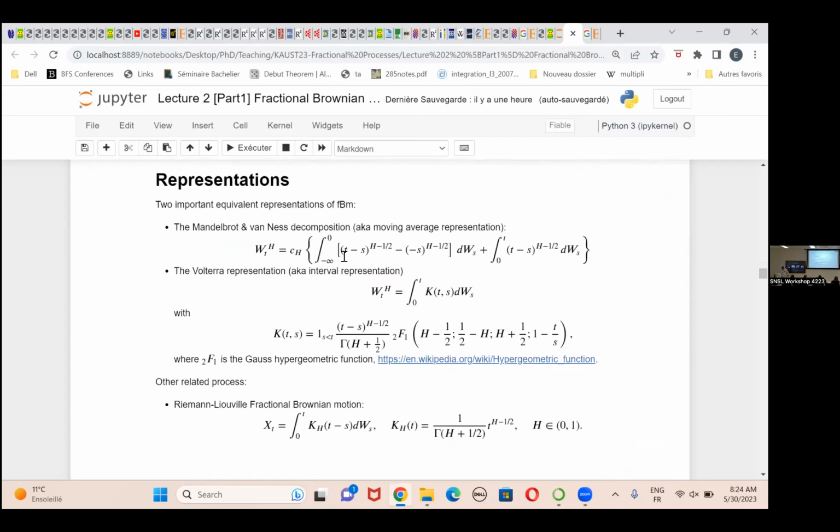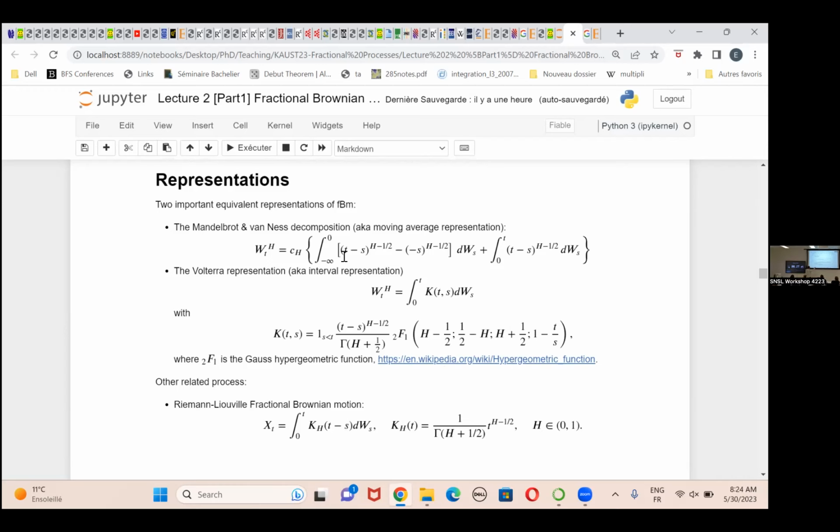I mentioned that fractional Brownian motion is related to the object that I already introduced, the Volterra object X with the kernel K. Why is this true? Because you have several equivalent representations of fractional Brownian motion. You can represent it as a stochastic integral. We defined fractional Brownian motion as a Gaussian process with a specific covariance structure, but you can also show that it admits other types of representations.